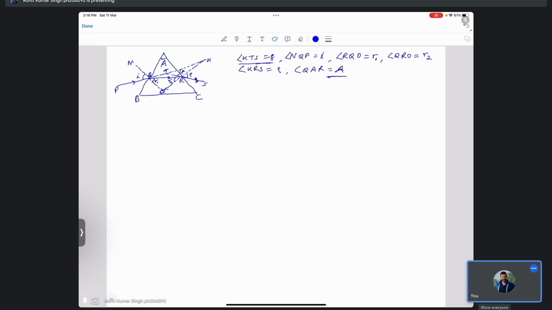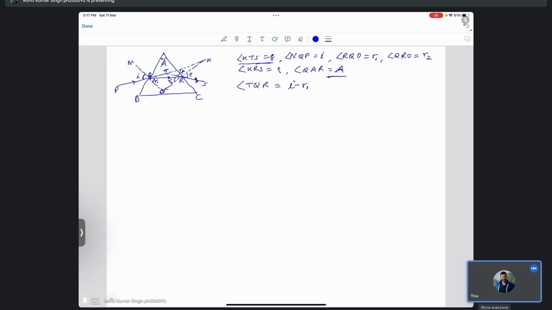Okay, now one thing is, as you can see here, angle TQR is simply I minus R1, right? Because this is I and this whole is also I, opposite angles.